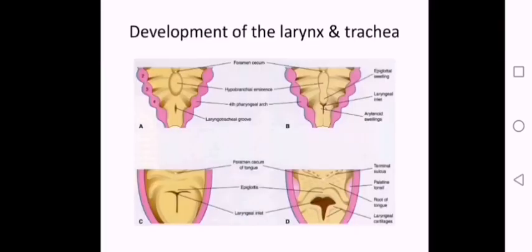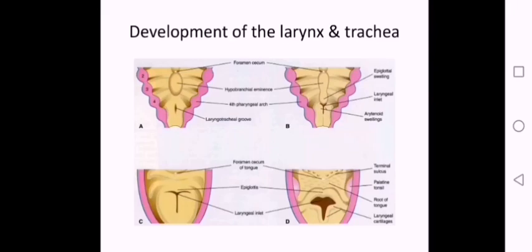Now moving to the development of the larynx and the trachea. During the 4th week of development, the respiratory system starts to develop as a median outgrowth, which is called the laryngotracheal groove. This laryngotracheal groove appears in the floor of the caudal part of the primordial pharynx.